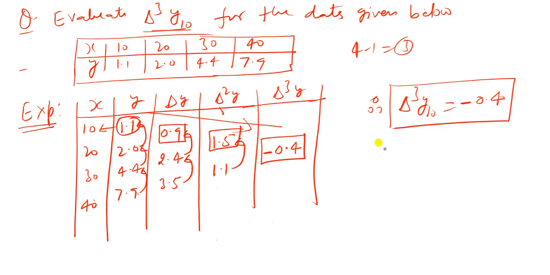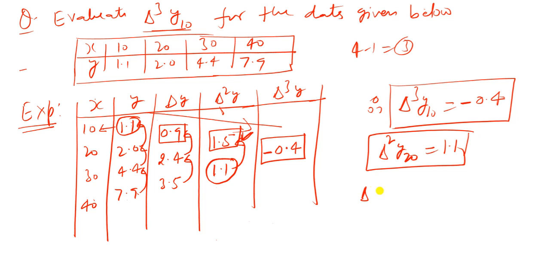If we compute Δ² of y₂₀, this value is Δ²y₁₀ and this value is Δ²y₂₀, so Δ²y₂₀ is 1.1. Now if we compute Δy₃₀, this is y₁₀, Δy₁₀, Δy₂₀, and this is Δy₃₀. Δy₃₀ is 3.5. In this way we consider the table values in the forward difference table.